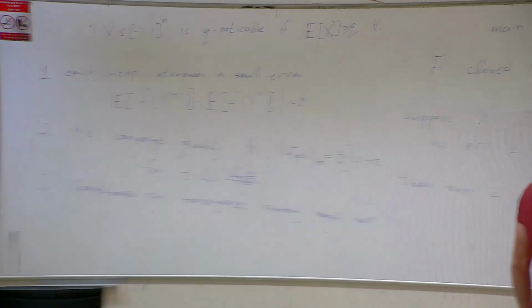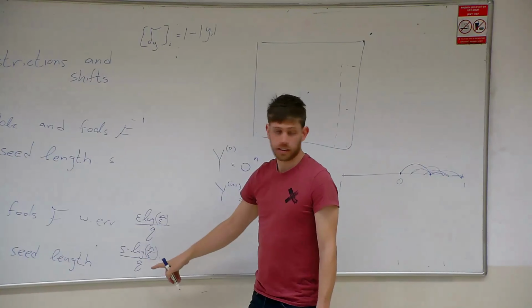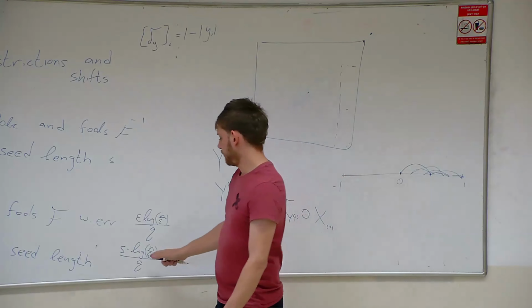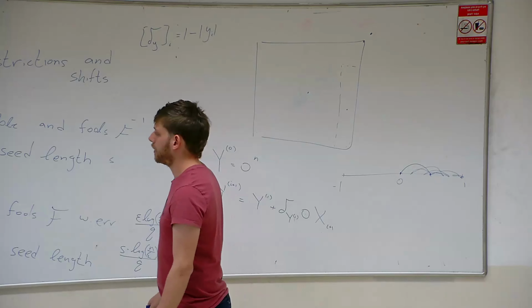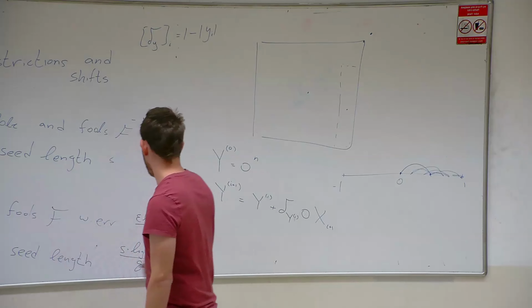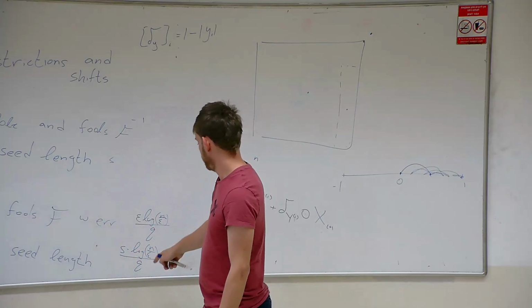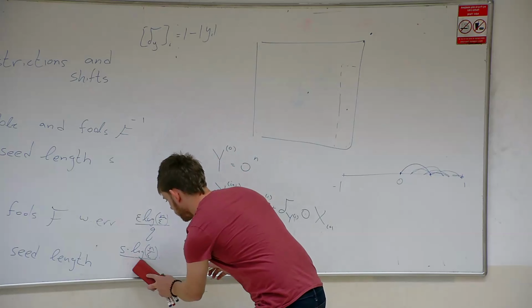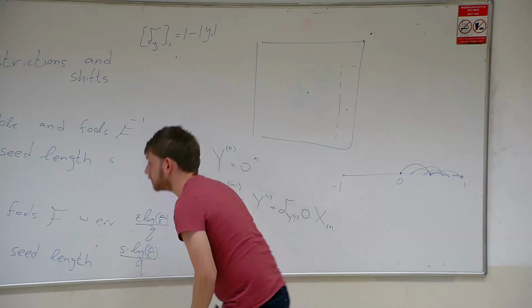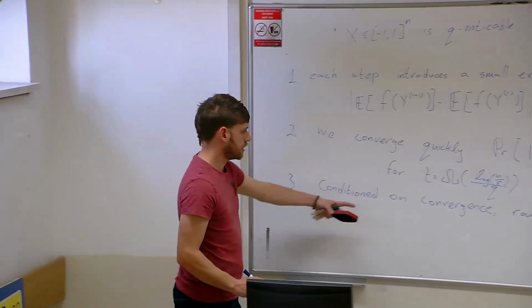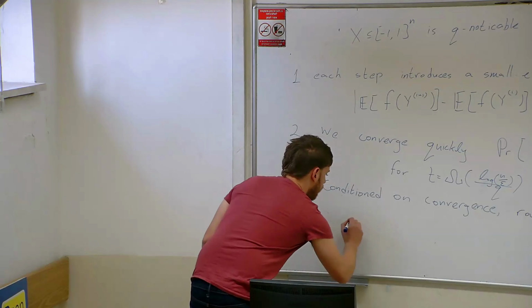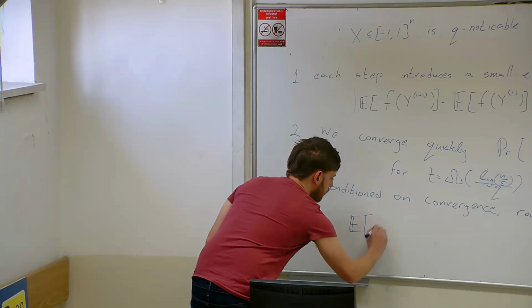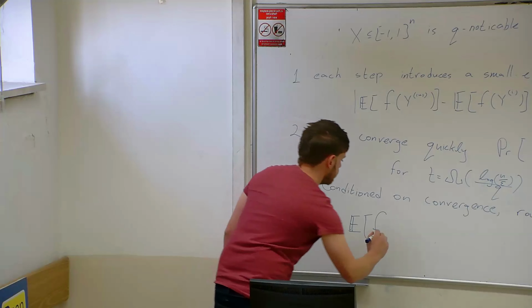You can see this is the seed length, the same quantity that appears here. This is q.